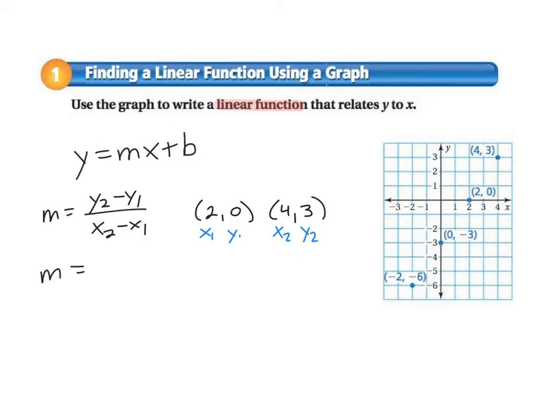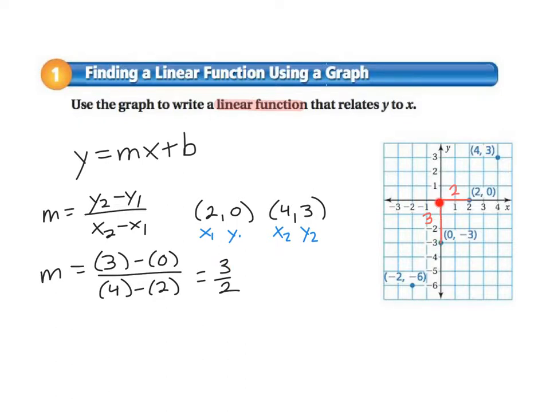So m equals y2 minus y1 over x2 minus x1. So my slope is 3 over 2. But of course, we know that we can also tell the slope just by looking at the graph. So we can pick any 2 points, and we can actually do rise over run. So here I see that my rise is 3, and my run is 2, giving us the same slope.